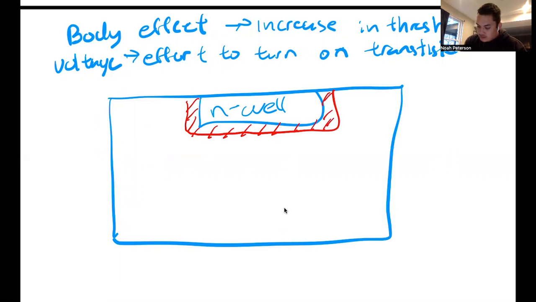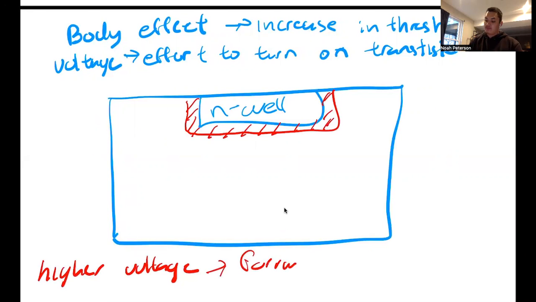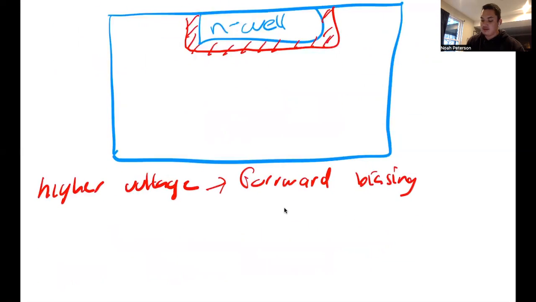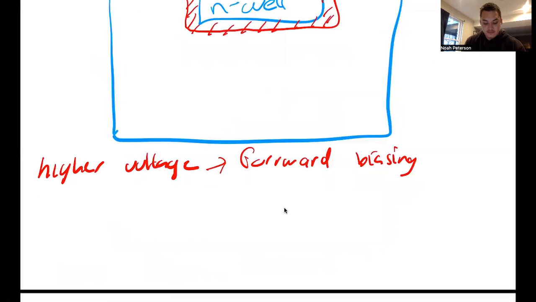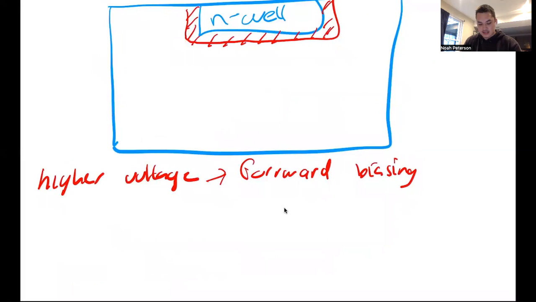When you have a higher voltage, meaning you're forward biasing the device, it creates a thinner depletion region, and this allows the electrons to flow within that device. There's also parasitic capacitance and resistance from that N well, and that can add to a delay of your device.